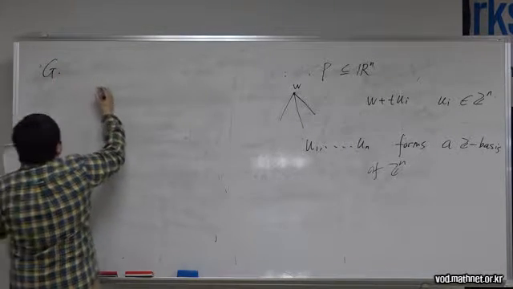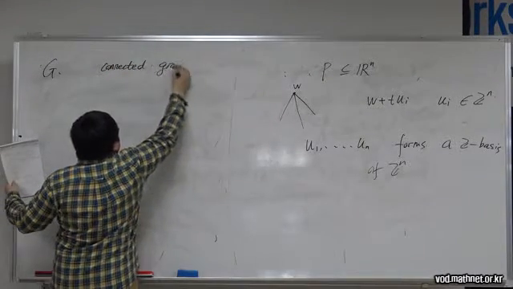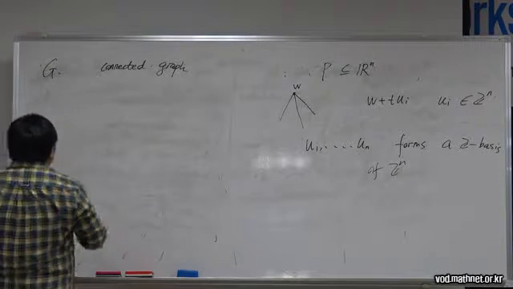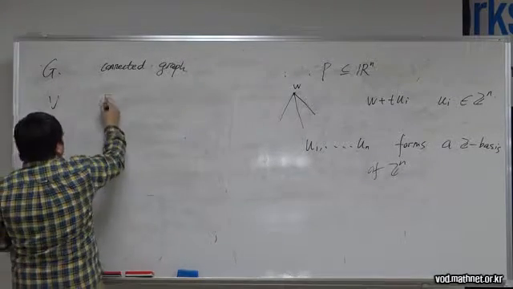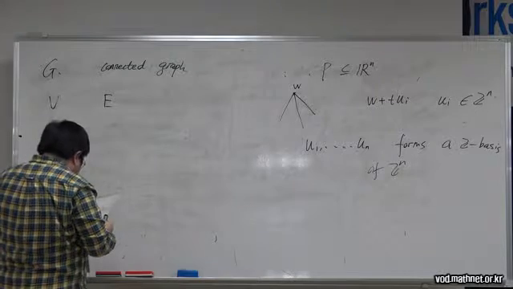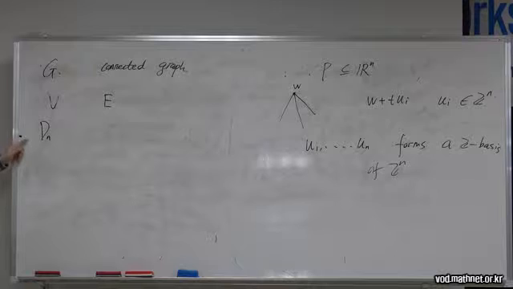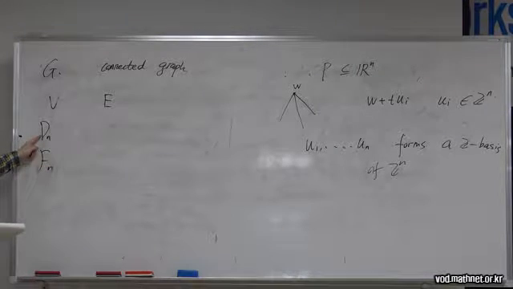First, G is a connected graph, and loops and multi-edges are allowed. V denotes the set of vertices, and E denotes the set of edges, and we use Δ_n to denote the set of all Delzant polytopes in R^n. And F_n is all the facets of the Delzant polytopes.